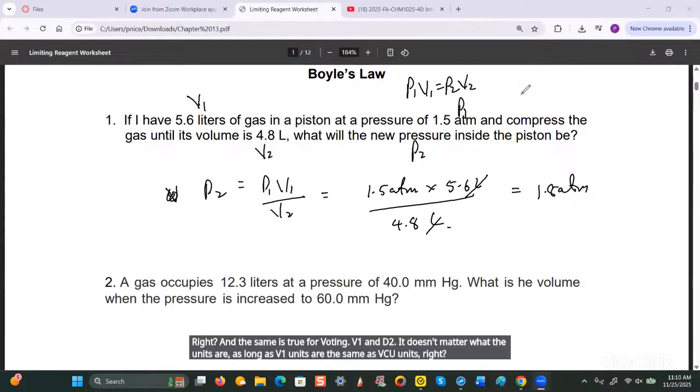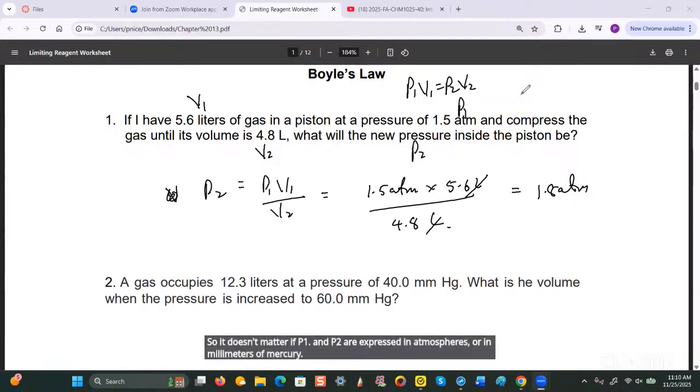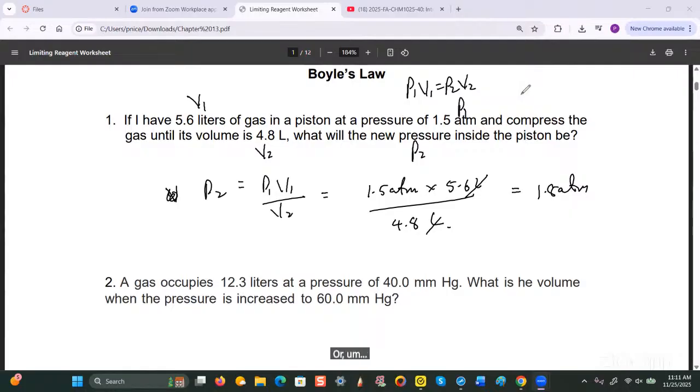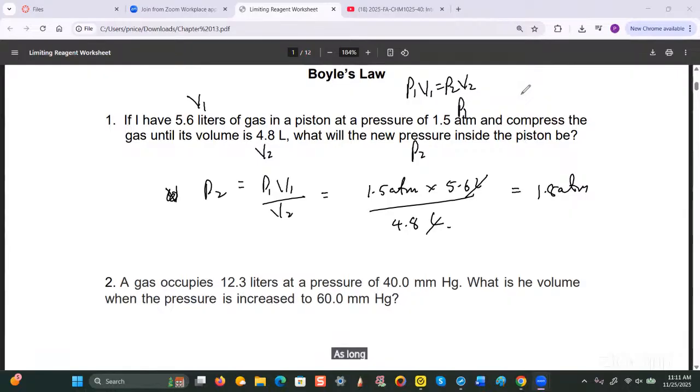So it doesn't matter if P1 and P2 are expressed in atmospheres, or in millimeters mercury, or whatever the pressure unit is, pounds per square inch. As long as they're the same on both sides, then you can put the numbers in and you should get your solution. And the same is true for V1 and V2. It doesn't matter if V1 and V2 are in liters or gallons or milliliters, as long as they're the same on both sides, all right?